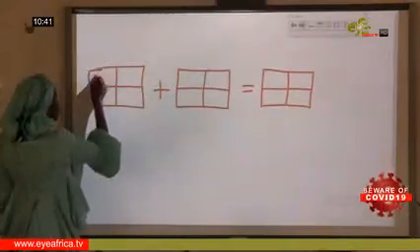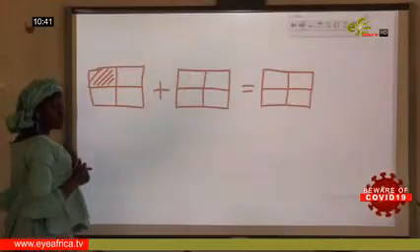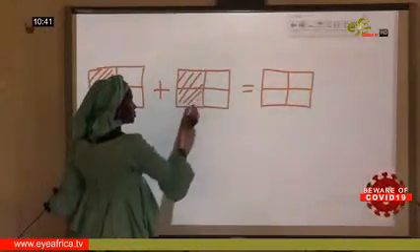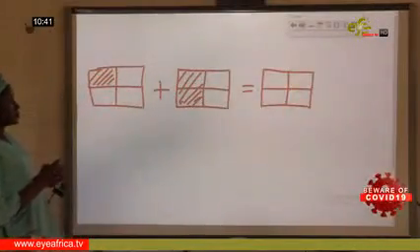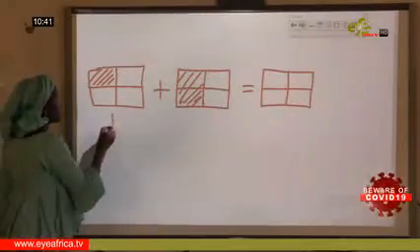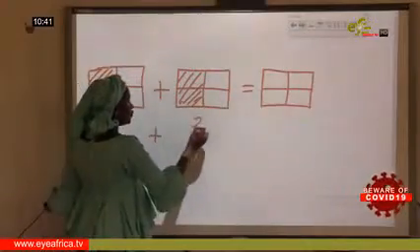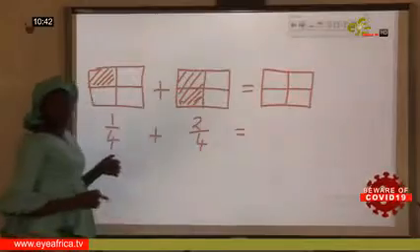If this is 1/4 plus 2/4, it should be equal to how many fourths?